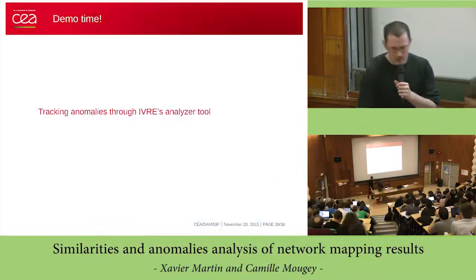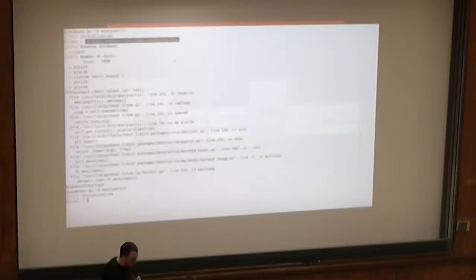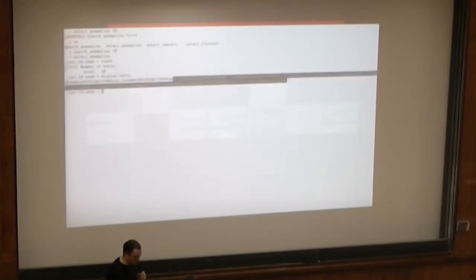Okay, so we'll see that on Ivre. We take exactly the same data, and we will select 10 anomalies. So we search for them, we select them, and once we have selected them, we can either plot them or display the hosts.